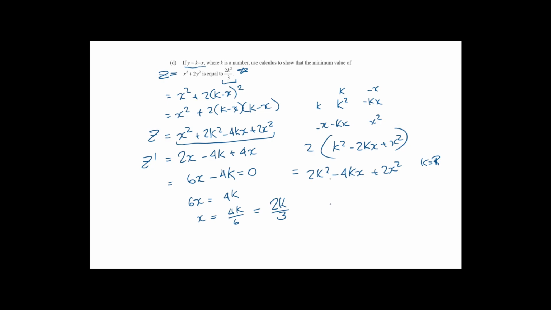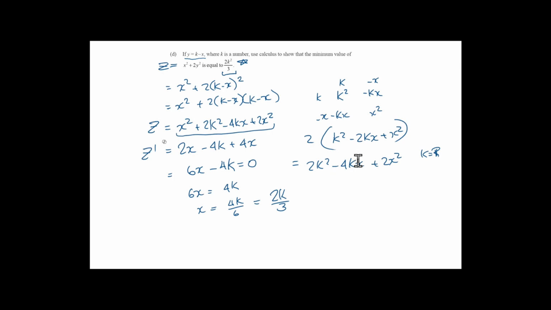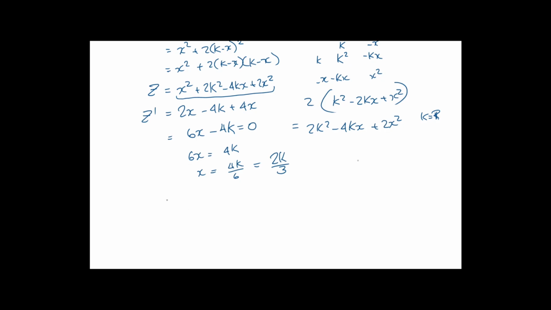So I'm going to just rewrite that. Z is going to be equal to 3x squared, collecting like terms now, plus 2k squared minus 4kx.